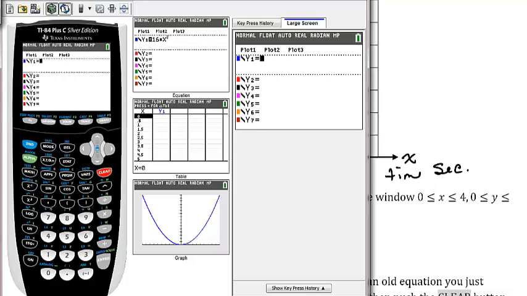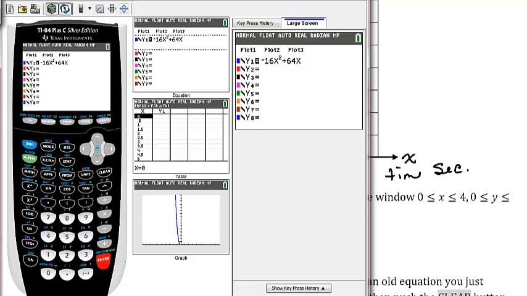So our new one is negative 16x squared plus 64x. Oh, did I hit the wrong button? So I accidentally hit multiplication here, so when I have my cursor blinking on it, I can change that to addition just by moving it into the right place. So there we have our new function in there.